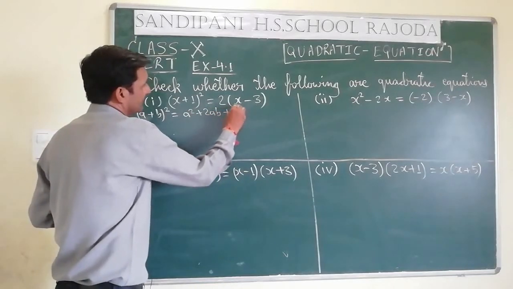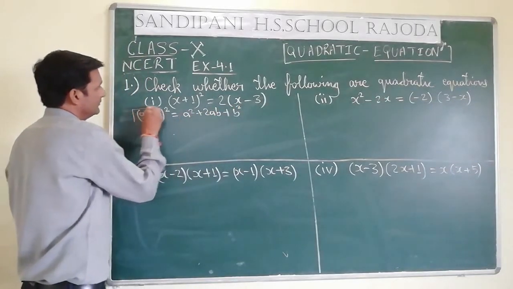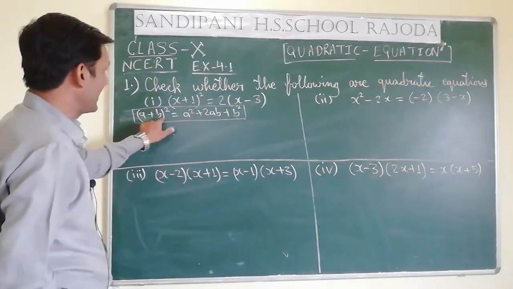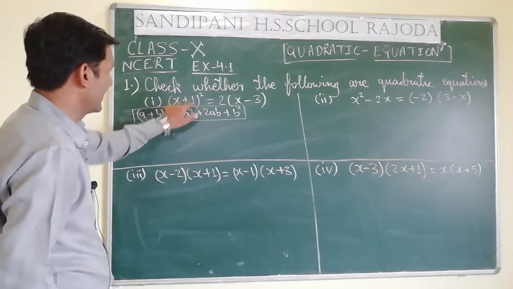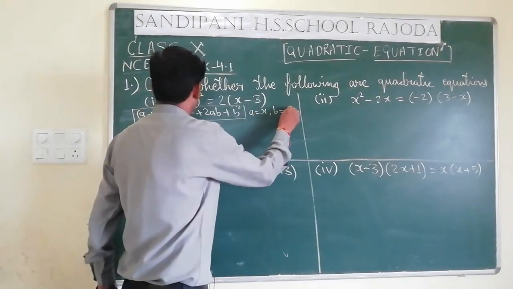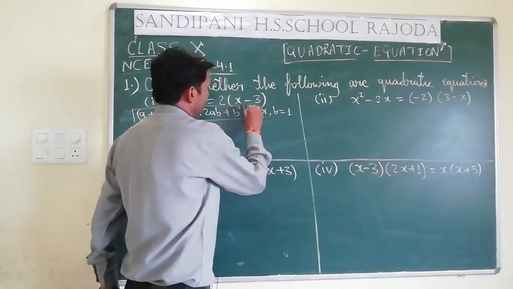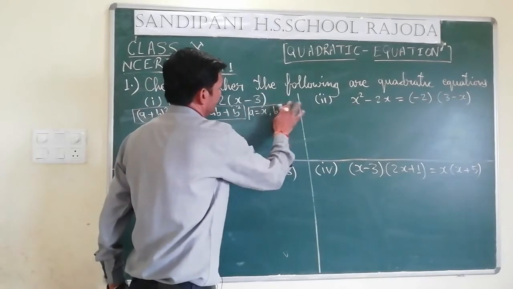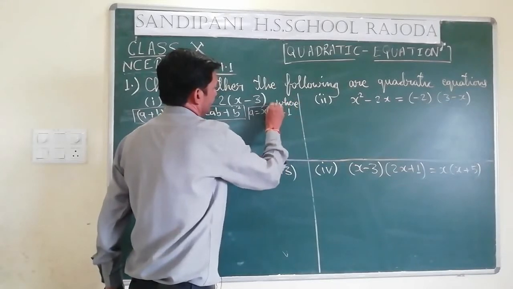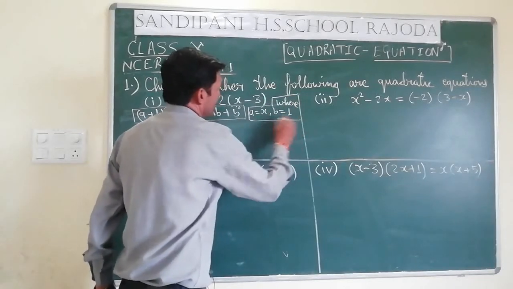This is the formula we apply. By applying this formula, in place of a, x is there, and in place of b, 1 is there, where a is equal to x and b is equal to 1.